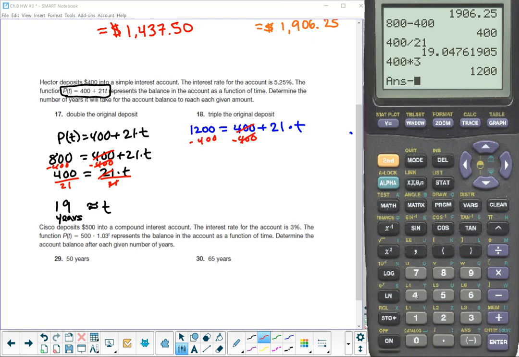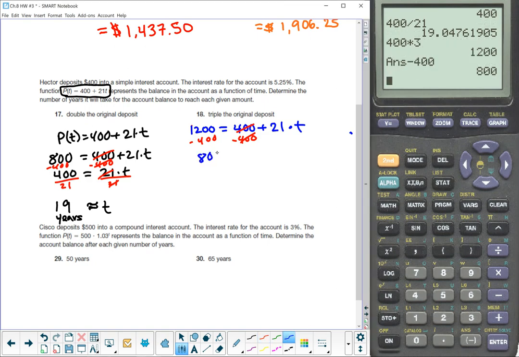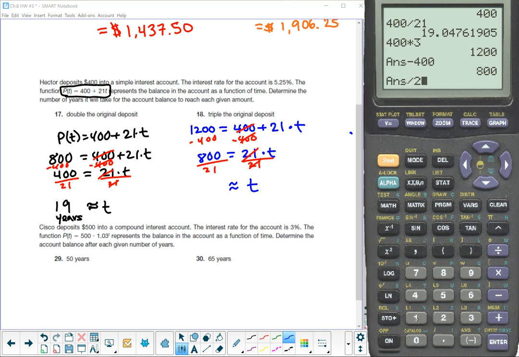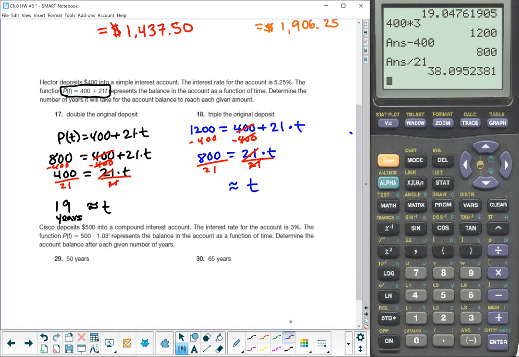So 1200 minus 400 is 800 equals 21 times T. Divided by 21, which will cancel the 21s, and we'll be left with T, approximately equal to 800 divided by 21. That gets us 38.09, so we'll say approximately 38 years.